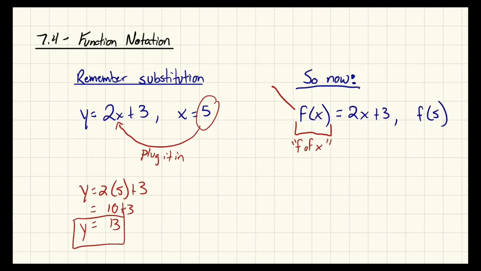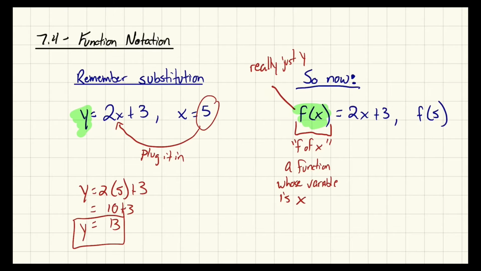F of x stands for basically a function whose variable is x, is really the long way to write that, but the short way to say it is just f of x, and what we know is f of x is really just y, right? So essentially, me using a different notation, f of x and y, they're the same thing.